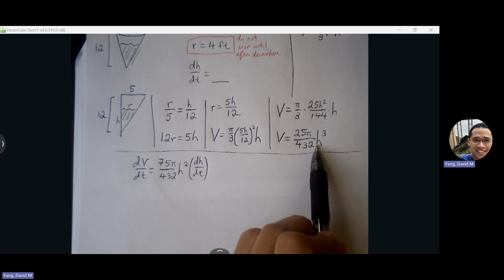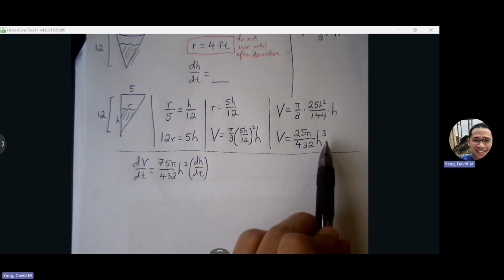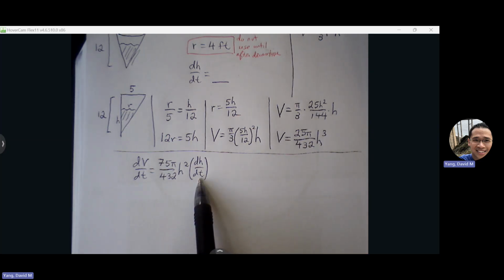Power rule for the h, bring the 3 down, subtract 1 from the exponent, include the dh/dt.